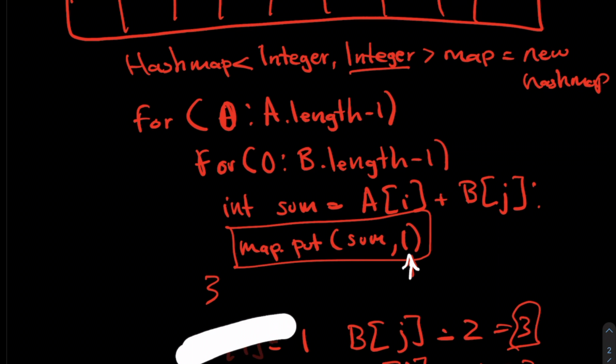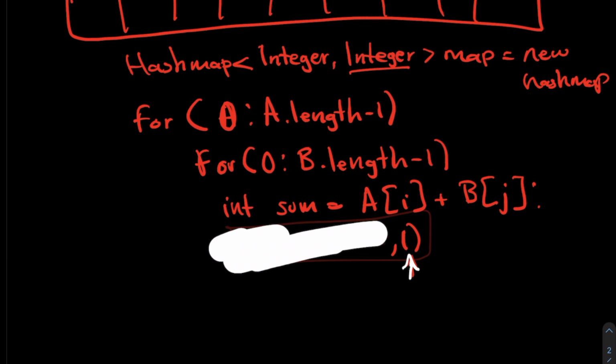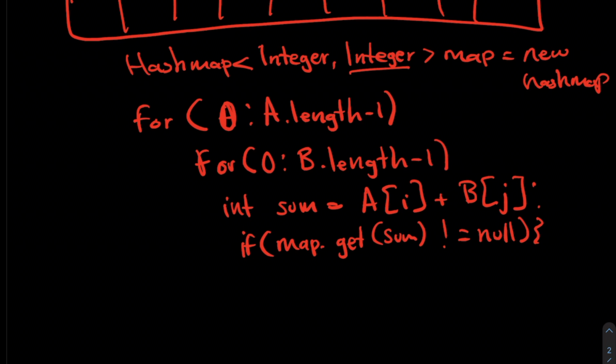But this needs to be edited a little bit to take care of the instance where it's the first time we're adding the sum into our hash map versus if something already exists, in which case we need to increment it, right? So we just need to check: if map.get(sum) does not equal null, meaning there's already a value in there, we need to increment it to say, hey, we already saw this value.